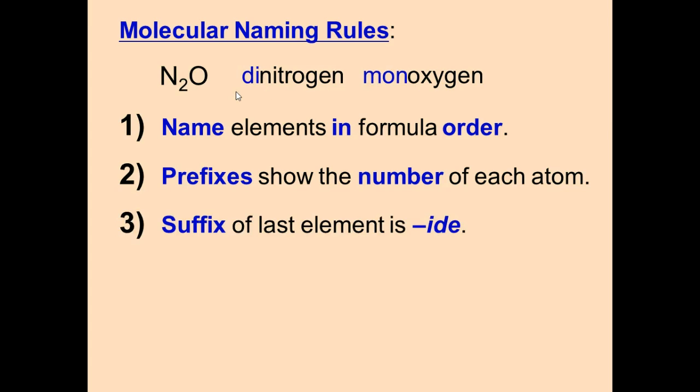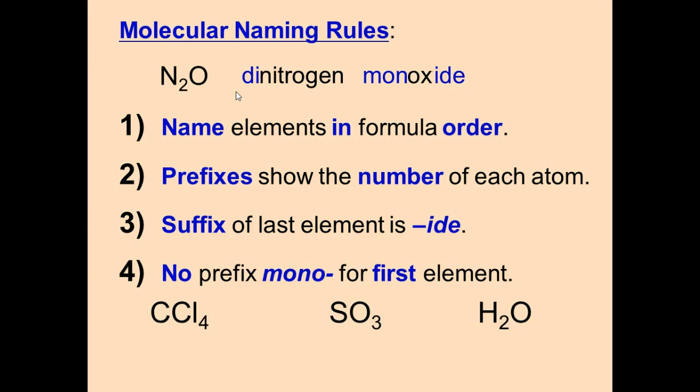Then we have suffixes: "ide" is added to the last element. So instead of monooxygen, it's monoxide. And the 4th rule is no prefix mono for the first element.